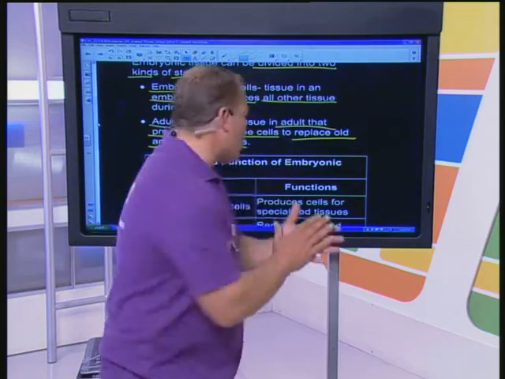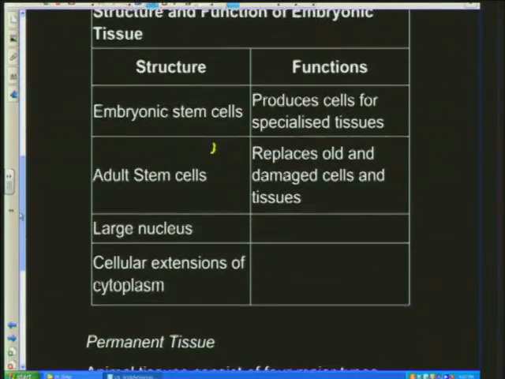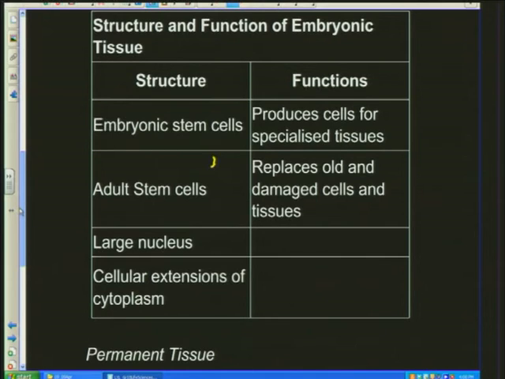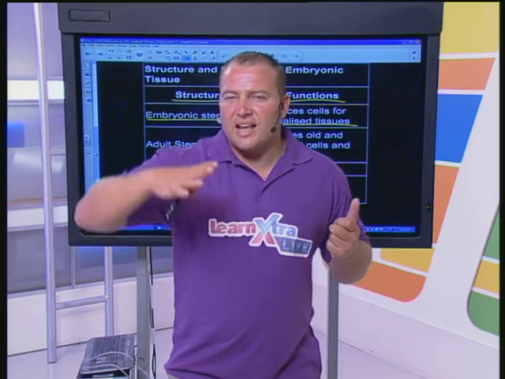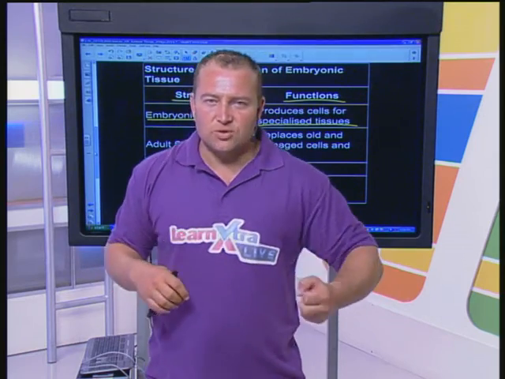If I have a look at this, I've put it into a little table, not too difficult. I've just put in here structure and function. Embryonic stem cells produce cells for specialized tissues, like your muscle, your epidermal tissue, and your connective tissue, which we'll talk about.